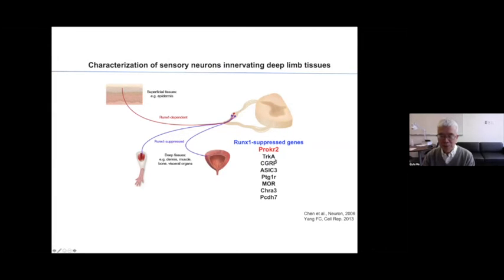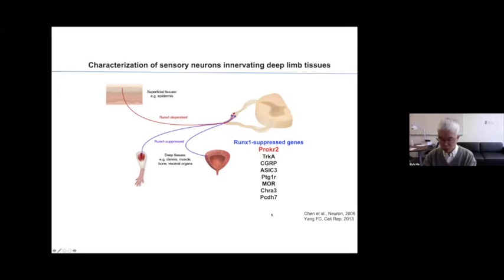Before we mapped circuits, in my earlier neurodevelopment studies, we discovered how the sensory system is organized into two major branches. One goes to the skin epidermis for defensive reactions. The other branch innervates throughout the body, for monitoring body integrity, including deep tissue-innervating neurons, like in the limb regions, those in deep fascia. So we were looking for molecular markers of neurons innervating deep fascia. Hopefully we could find some unique sensory neurons that distinguish the hindlimb region from the abdominal region.